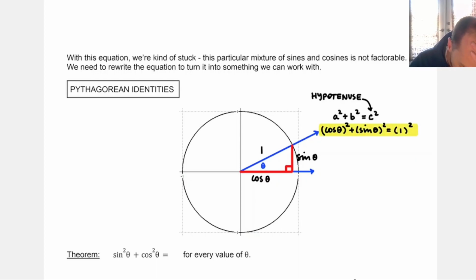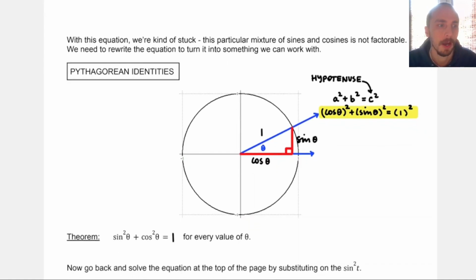They're just written a little bit differently. And that's equal to 1 squared, and 1 squared is just 1. And so that's the identity: sine squared theta plus cosine squared theta equals 1 for every value of theta. Now, using that, we're going to go back up above and solve that equation.